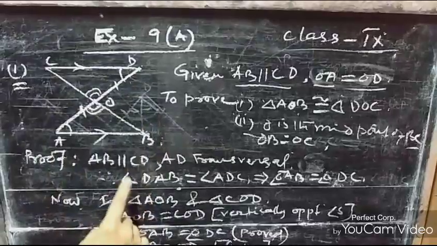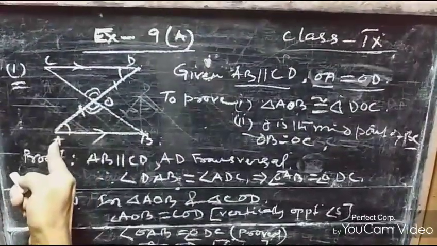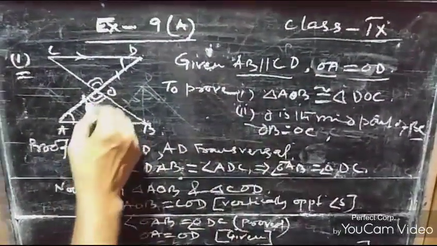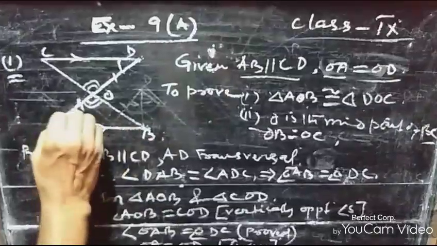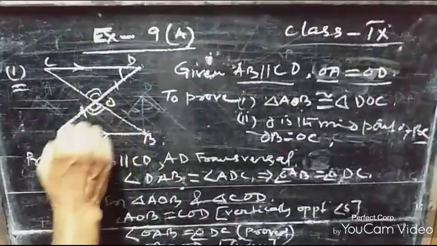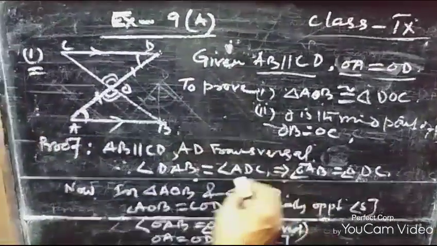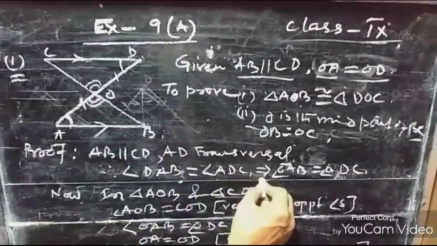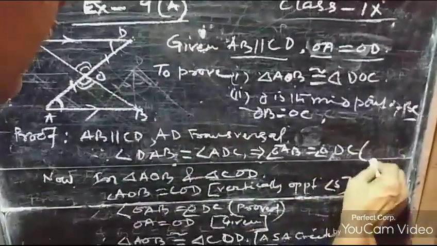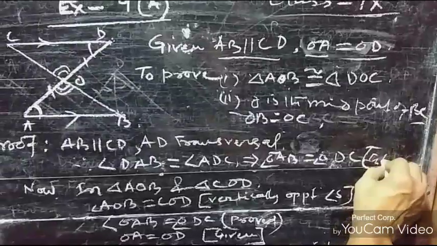AB parallel CD and AD is a transversal. So angle DAB equal to angle ADC. This is actually alternate interior angle.